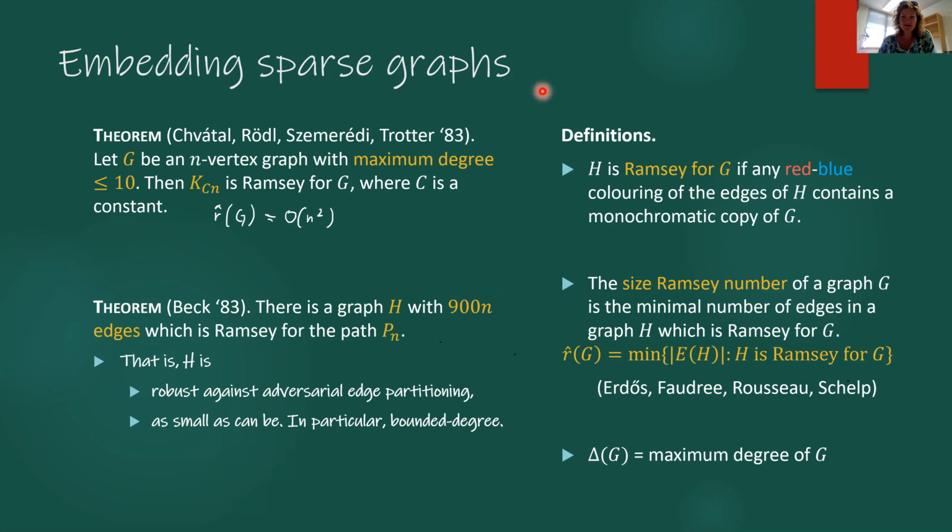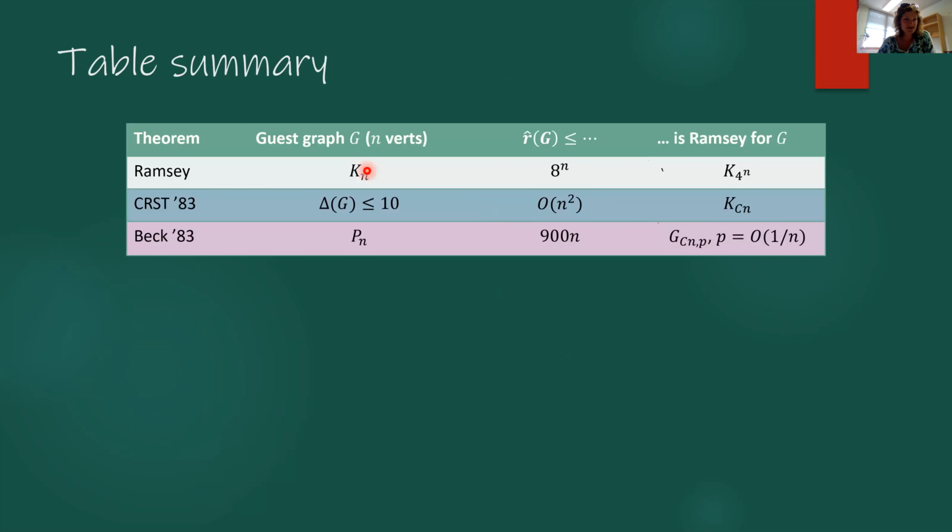So let's try and recap those theorems in a concise form. I'll be using this tabular form to summarize what we saw so far. So I hope that's clear. In the first column, we have our guessed graph. So far we've seen bounded degree graphs and we've seen the path Pn.